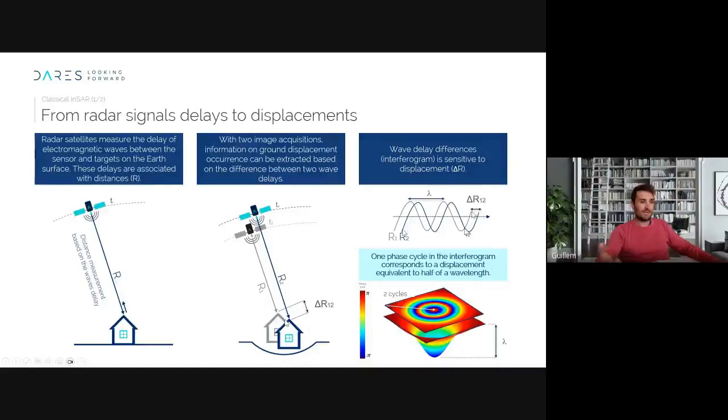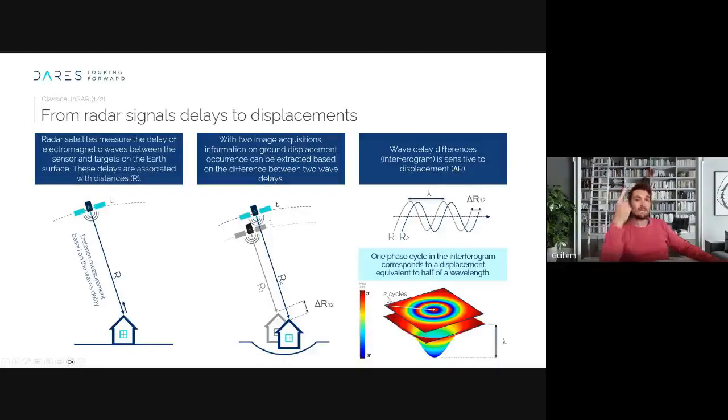But yeah, okay, very good. How much is this in centimeters or in meters or in kilometers? It's half of the wavelength. So if I'm working with a Sentinel-1 C-band satellite that is operating at a wavelength of 5.6 centimeters, this distance means 2.8 centimeters.